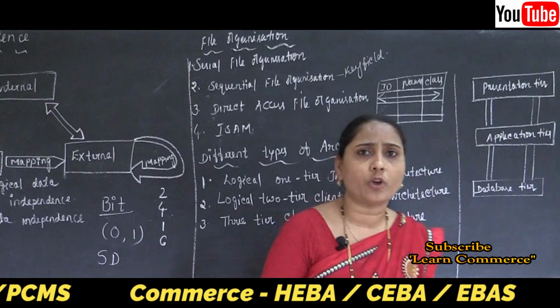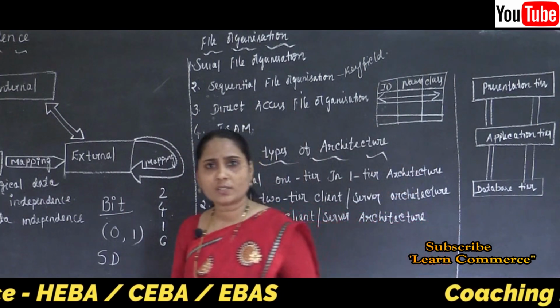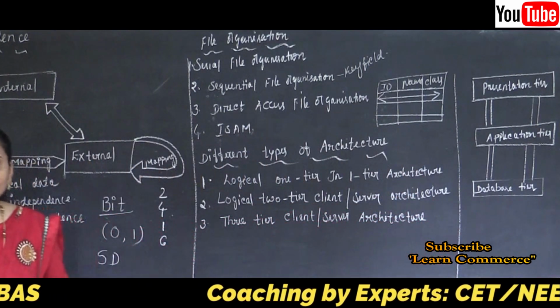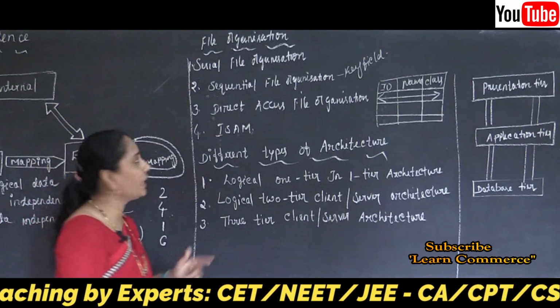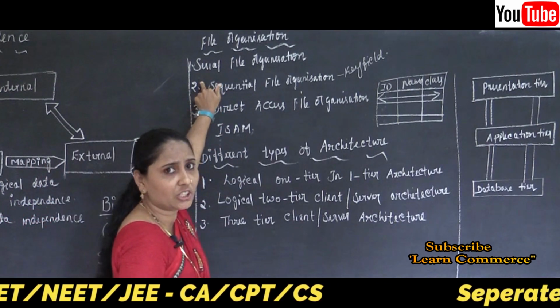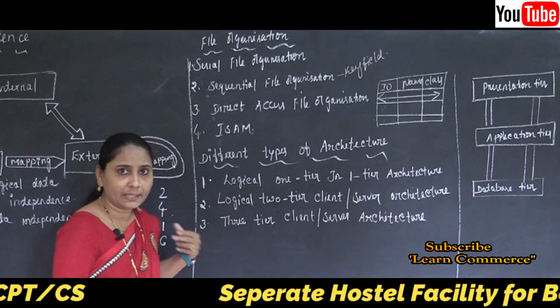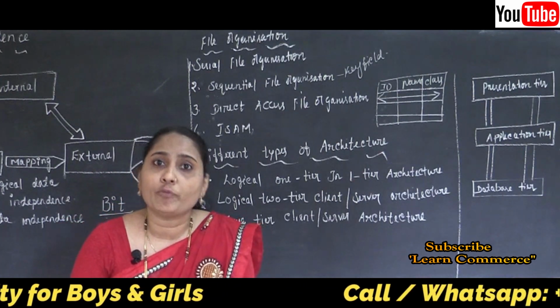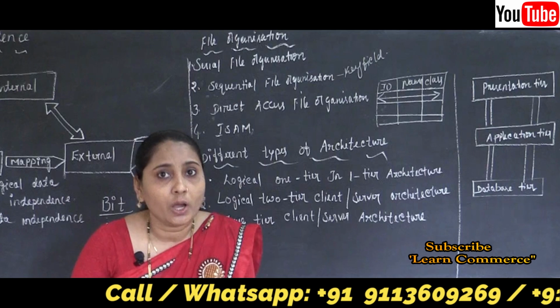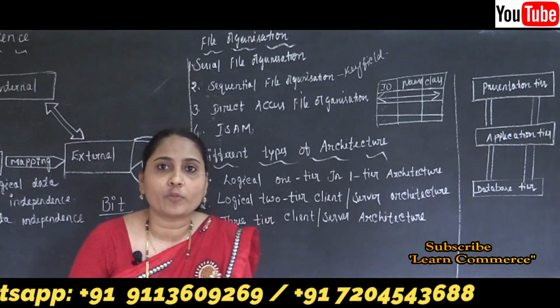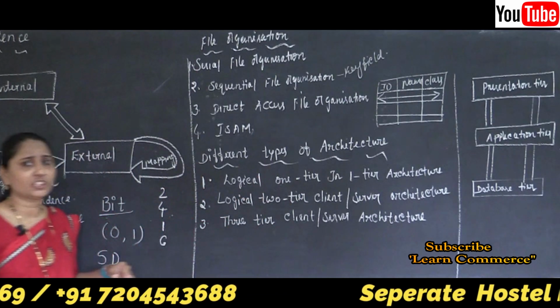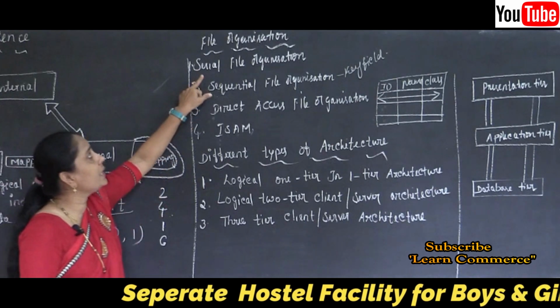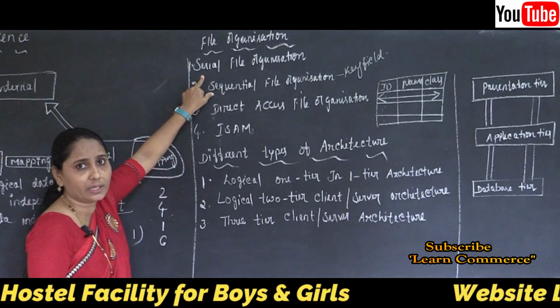But now the disadvantage. Not just the advantages, every concept has some disadvantages also. The disadvantage of serial file organization is updating: whatever update you add into the file, the updating is very slow in this type of organization. So this is about serial file organization. Clear this point here?